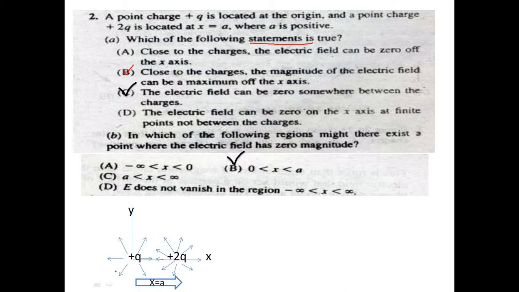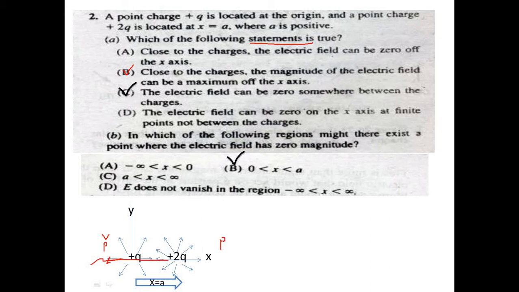From the plus Q charge, these are field lines, and with plus 2Q, if I look at this point, the electric field from this charge is here, and the electric field from the other point charge, if I extend this field, will be here. So at this point there is a possibility that the electric field could be maximum off the axis.